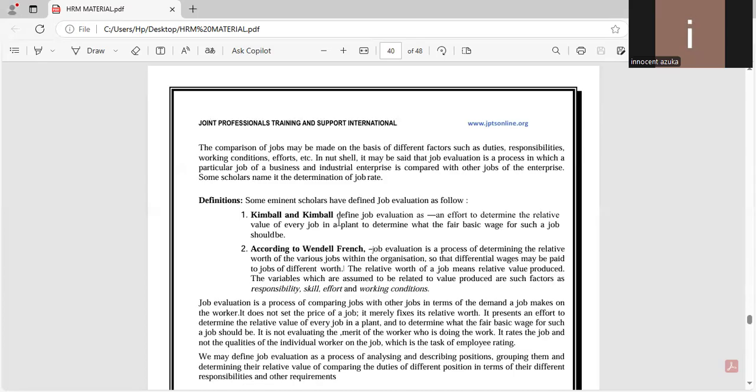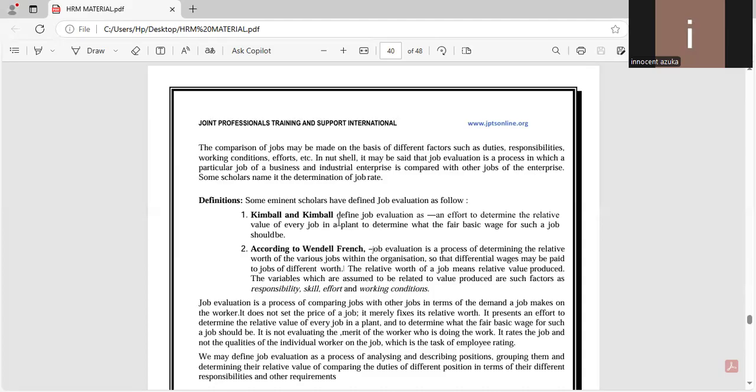Reader and French define job evaluation as a process of determining the relative worth of the various jobs.